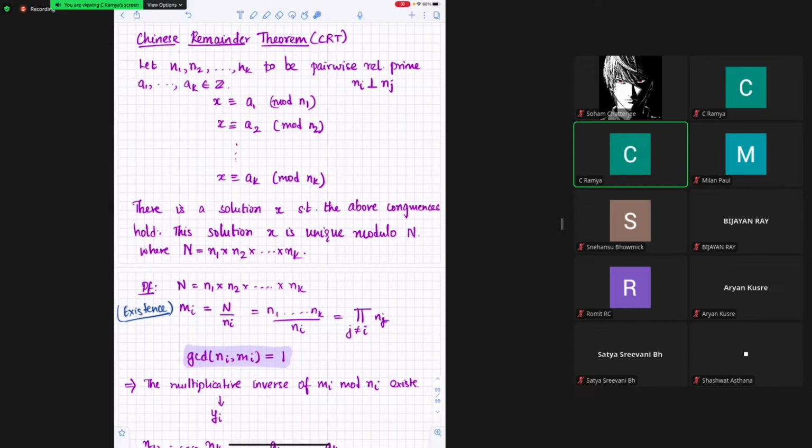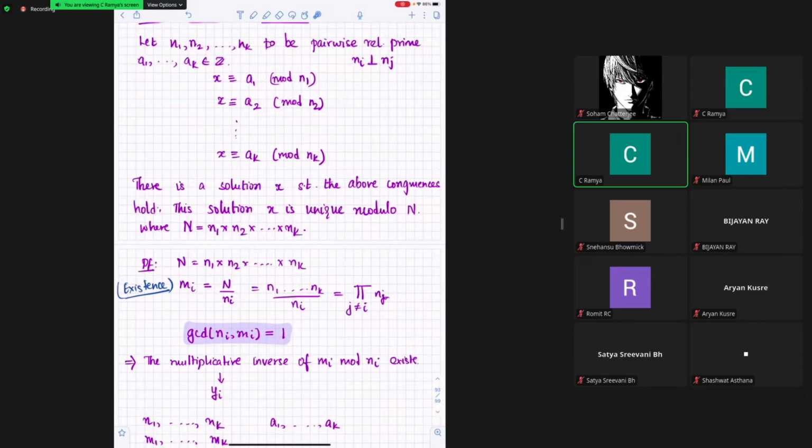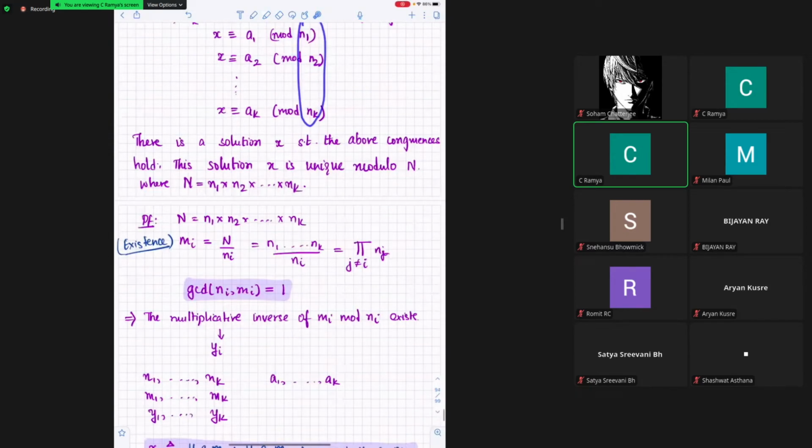Which means that you can flip these two and see that this solution also satisfies the same numbers modulo the product. So this, I believe, is a very nice corollary of the Chinese remainder theorem.